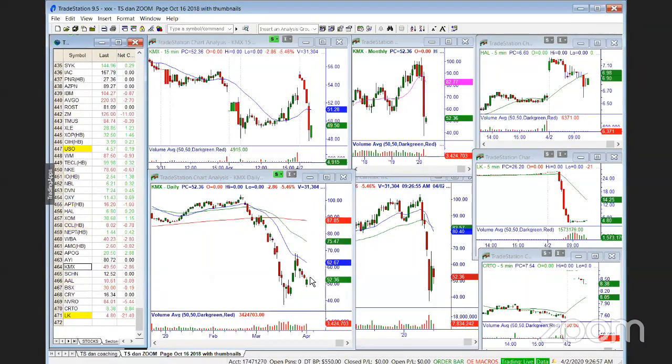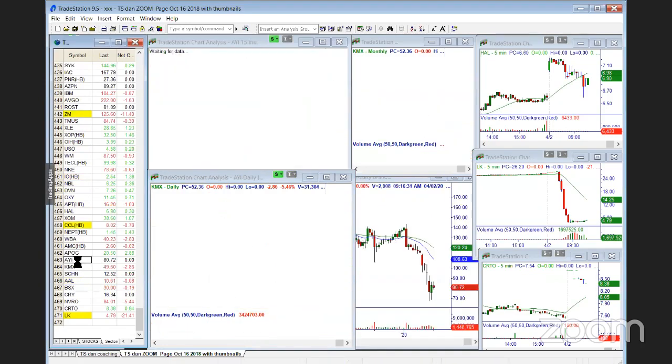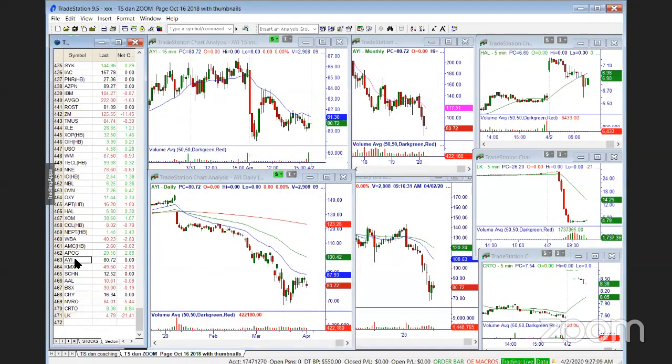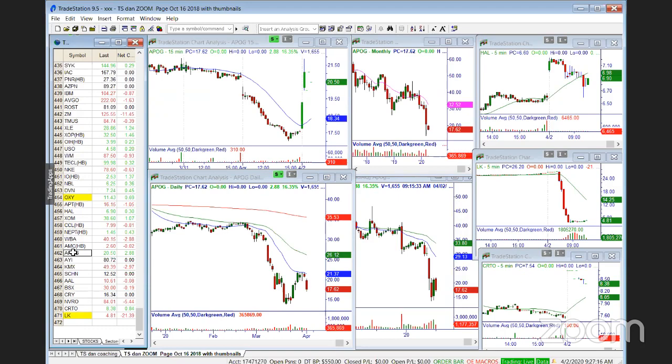So this one, might have been a turn, went up. Now it's gapping up and it's sloppy, but it's worth keeping an eye on. AYI, I think this had earnings, but there's no gap. APOG 2050, bullish gap, but no pattern.